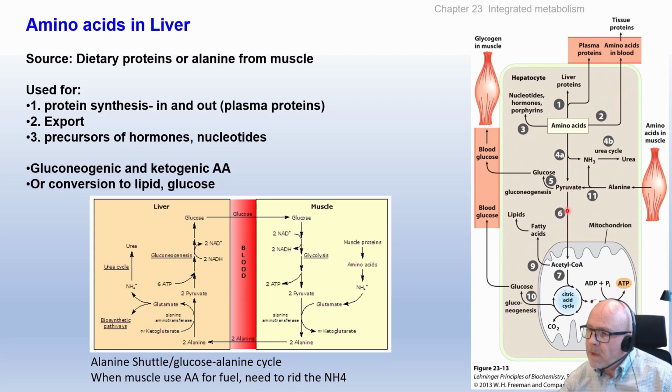And some amino acids, you probably heard about this when you were listening to Øyvind talking about amino acid metabolism, can be used for gluconeogenesis to provide glucose via the citric acid cycle. And again, that glucose can be exported to the bloodstream and delivered to other tissues.